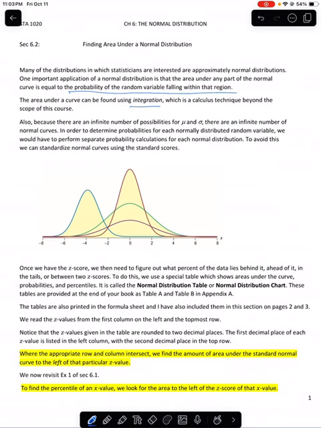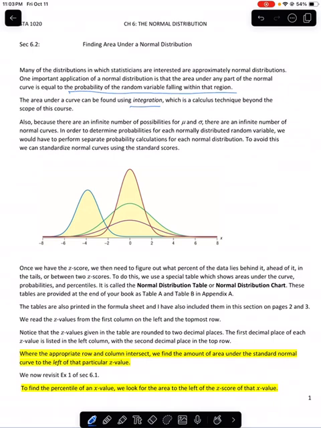Now, the problem is that there are almost infinitely many mu and sigma values. So there are infinitely many normal curves. We cannot find the area for each different kind of curve separately, from the very beginning, because it's a long process.